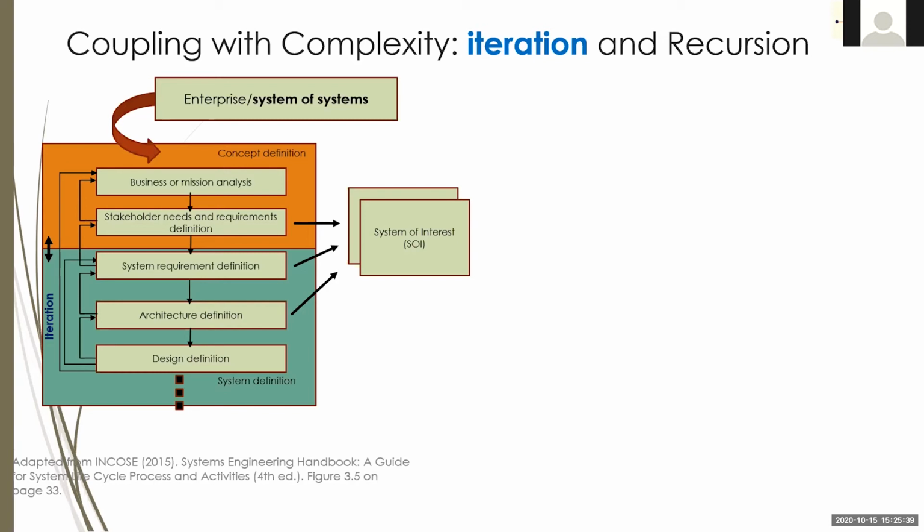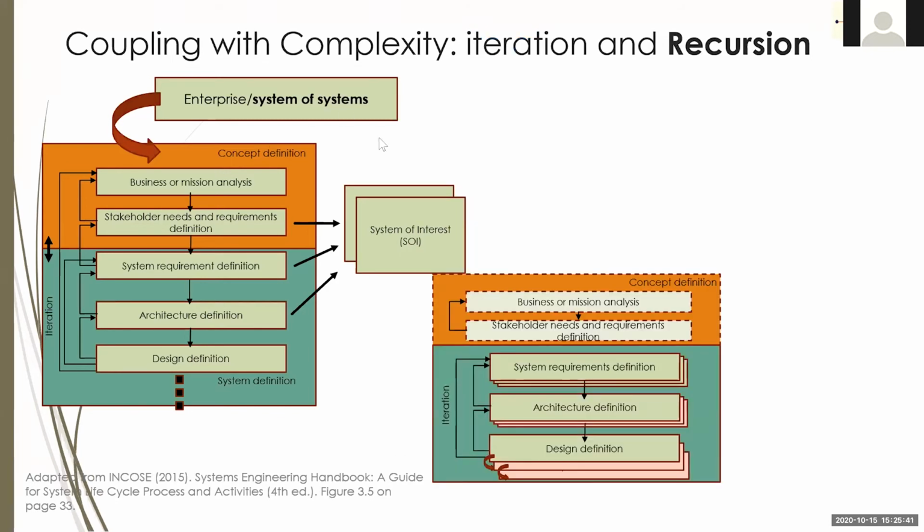some other phases, okay? Now, for one of those systems of interest, we might start decomposing it and following again the same process. So going over business analysis for that particular system of interest, stakeholder requirements and needs, and doing the same thing as I explained before. And as we do that, this is the part that we are going to call recursion.